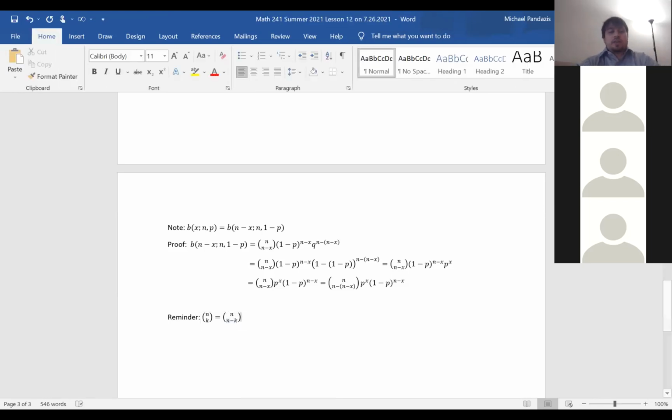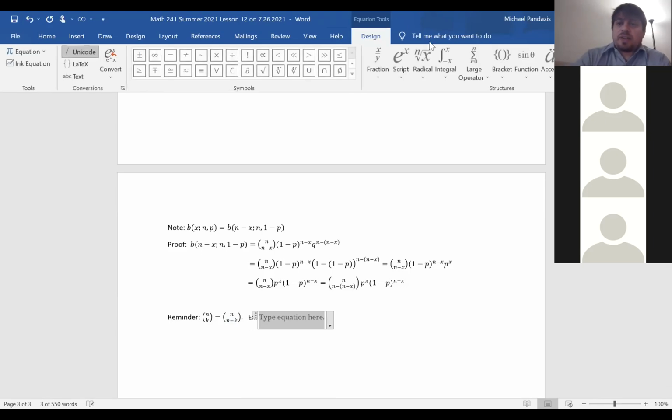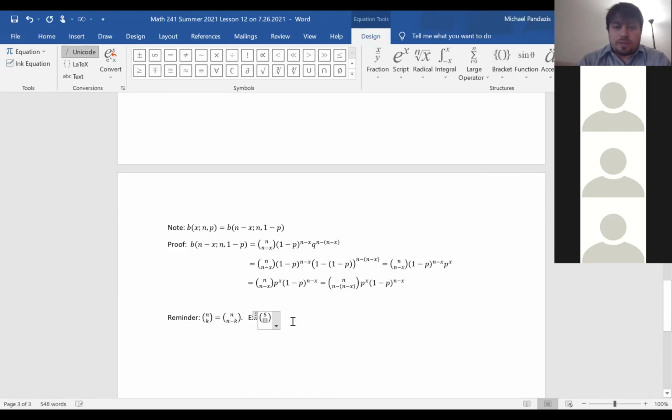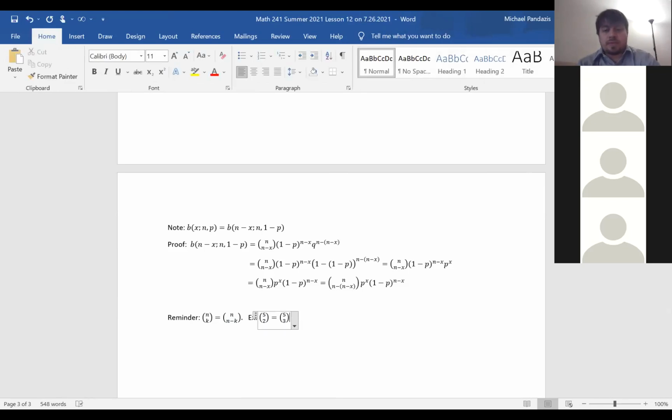An example of that would be if you had 5c2, 5c2 would equal 5c3.